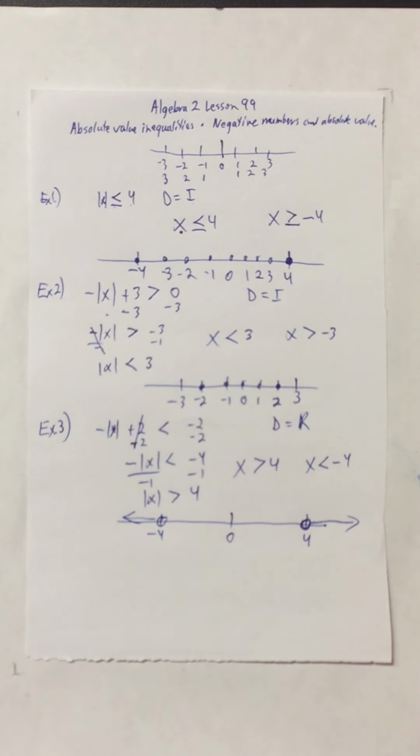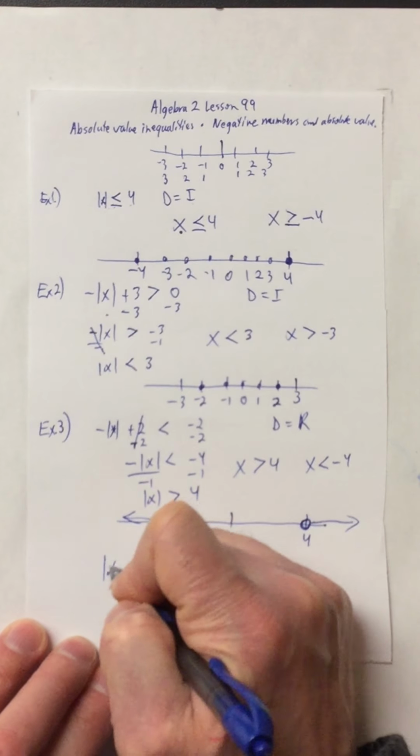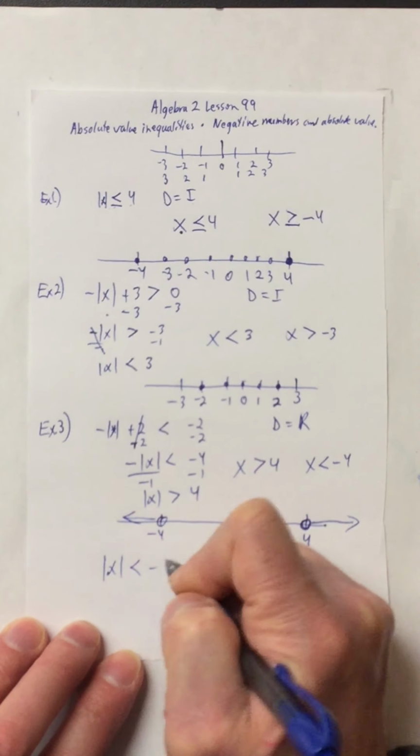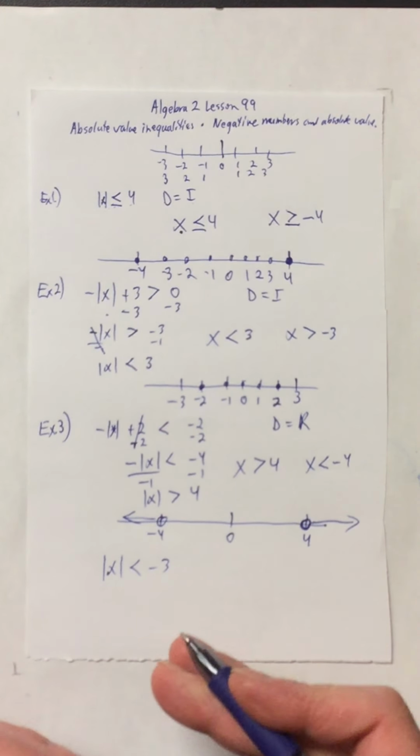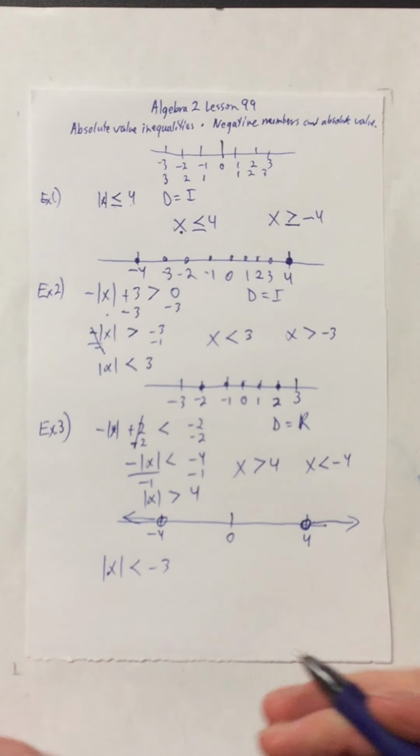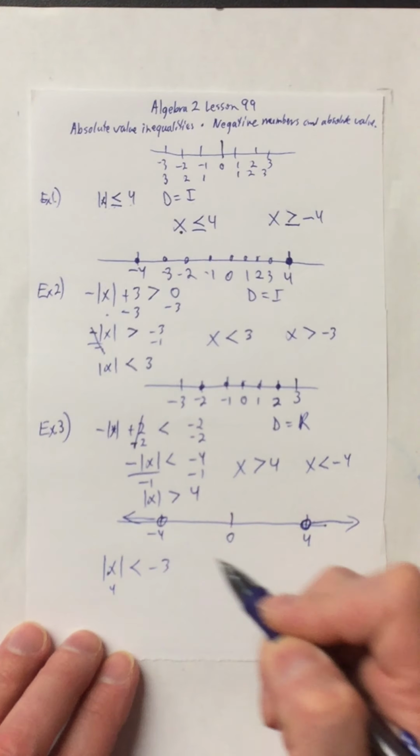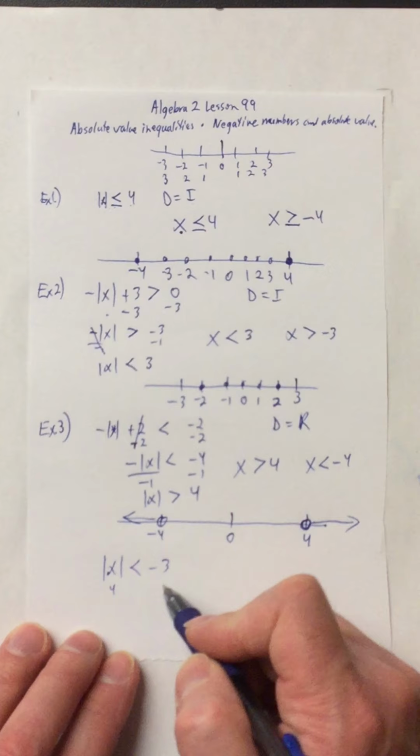As you look at the top of page 394, it makes a statement: there are no absolute values that are less than 0. So in this scenario where you have absolute value of x is less than negative 3, there's no number you can put in there that works. If you put a 4 in there, 4 is not less than negative 3.